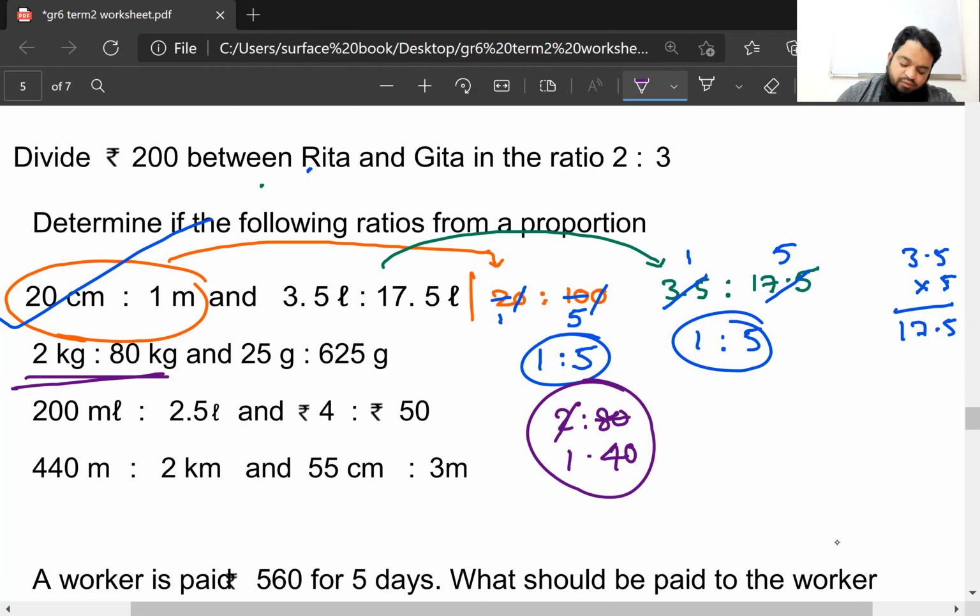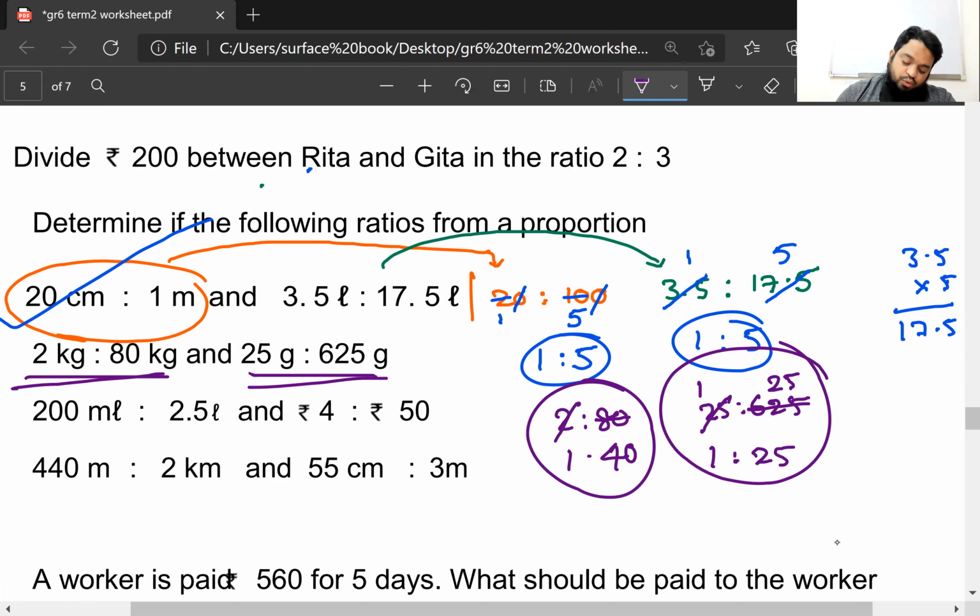And what is the second one? 25 grams is to 625 grams. Both are in grams. 25 ones are 25 and in 625 it is 25 times, so it is 1 is to 25. Are they equal? No, they are not equal. Therefore they are not in proportion.